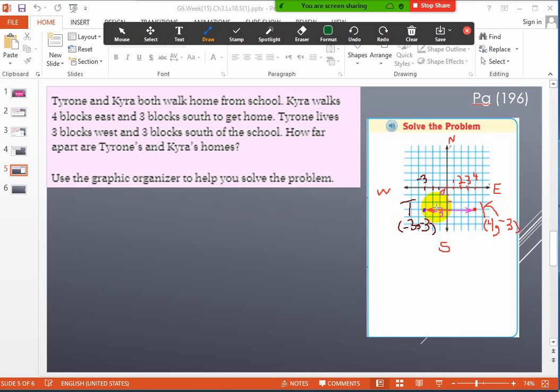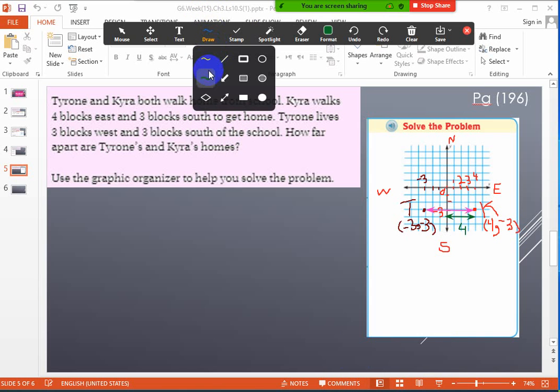Because here I have a horizontal distance, that means I will use the horizontal coordinate, which is X, right? It's 4. That means the distance from this point to the y-axis is 4, or you can say the absolute value of 4.